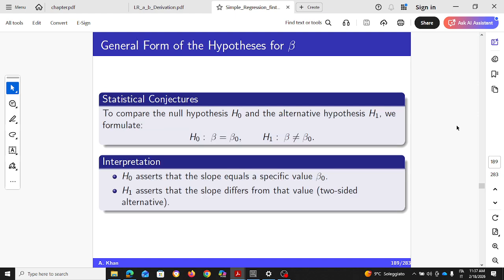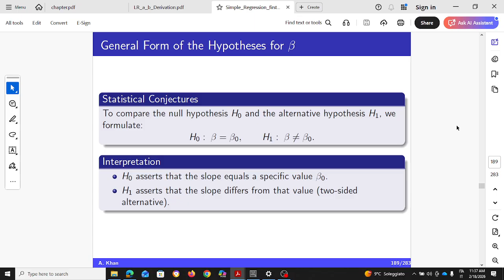From the hypothesis testing we have two hypotheses. The first one is the null hypothesis, the second one is the alternative hypothesis. In the null hypothesis, we assign a value to our parameter. For example, for beta, we say beta is equal to beta naught. So in the null hypothesis, we define a value a priori.